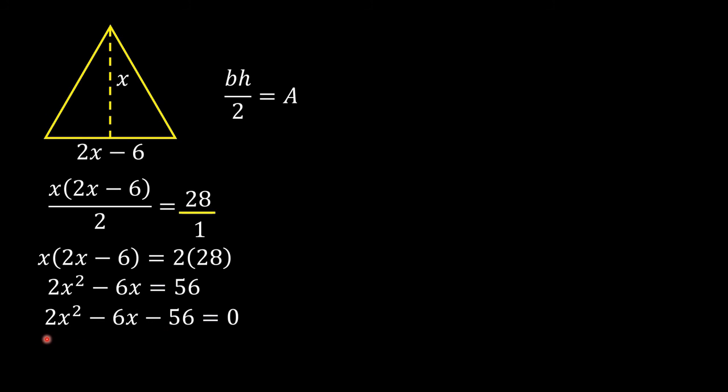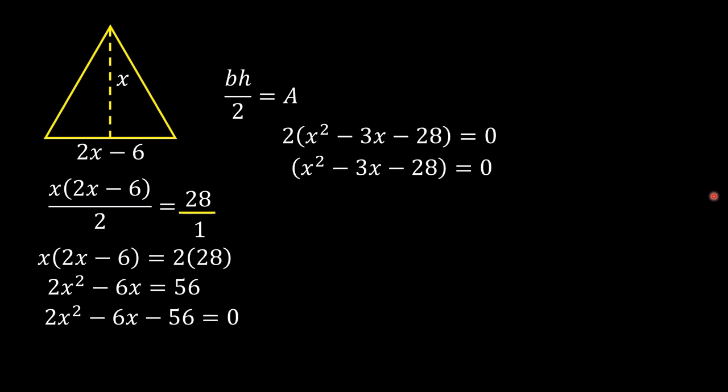The greatest common factor is 2. Take 2 out. So we have now 2 times the quantity x squared minus 3x minus 28 is equal to 0. Divide the left side by 2 and the right side by 2. We have now x squared minus 3x minus 28 is equal to 0.